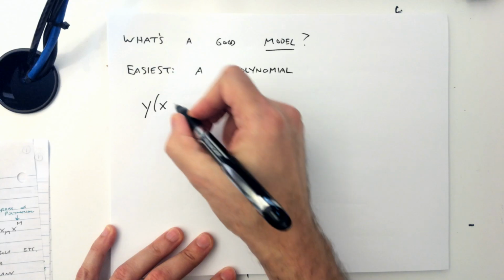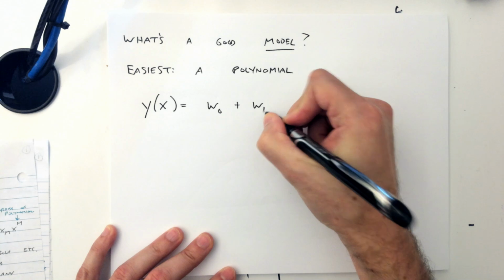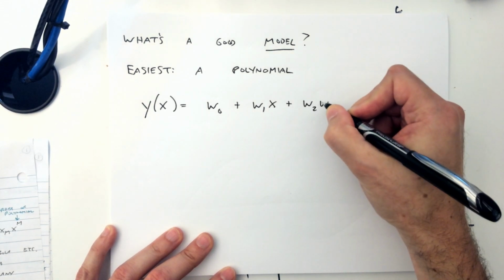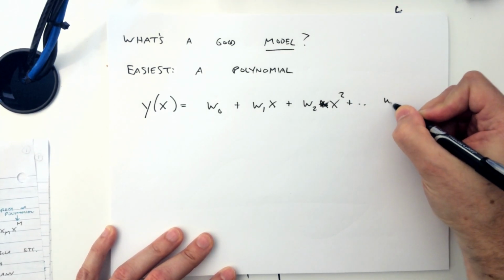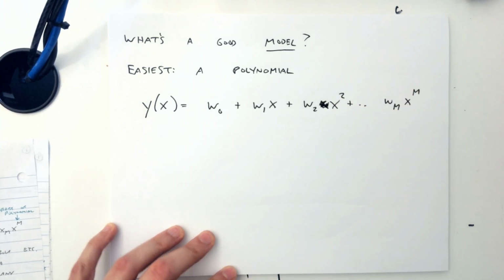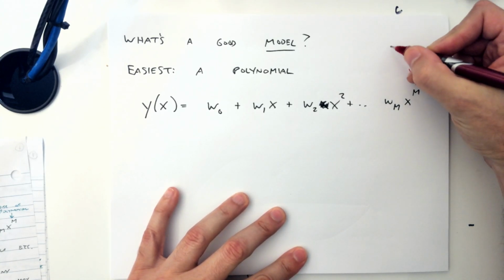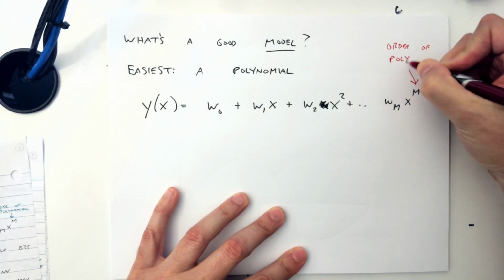I take the input value x, and then what I have is a constant term plus something times x plus something times x squared plus dot dot dot something times x to the m. Okay, and this m here is what we would call the order of the polynomial.